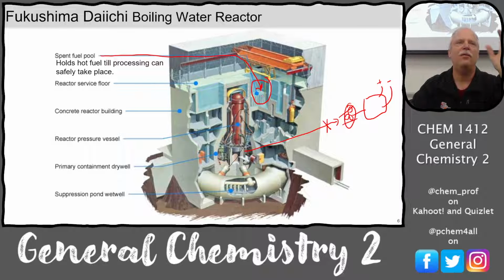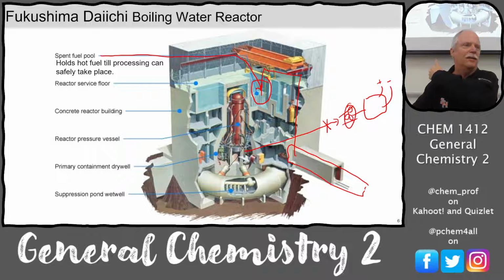We let those decay away for several months, and then it's down to a level that's safe to handle, at least robotically. Then they come along with this little crane. They pick the fuel assembly up, drop it down through this tunnel, and there's a train that comes in and gets it. The train takes the spent fuel out to the reprocessing facility. And this is filled with water to keep it cool.